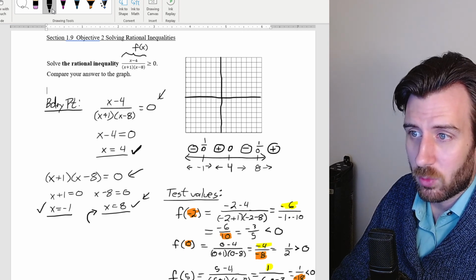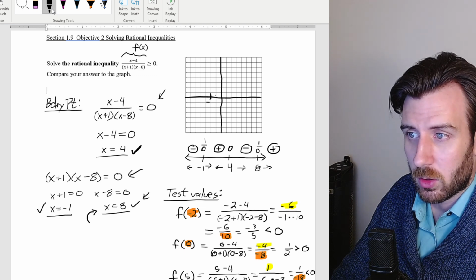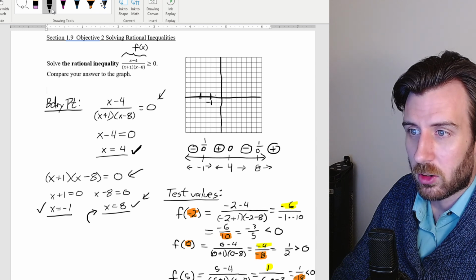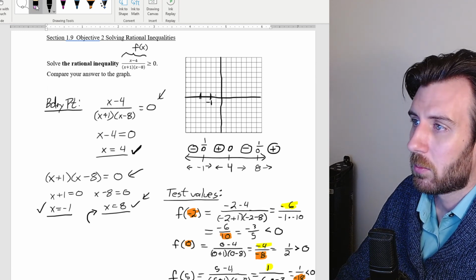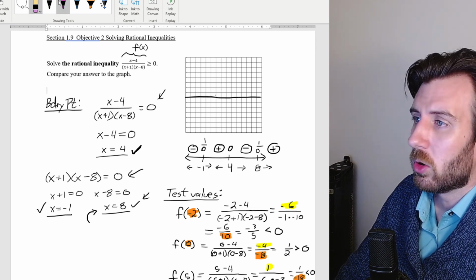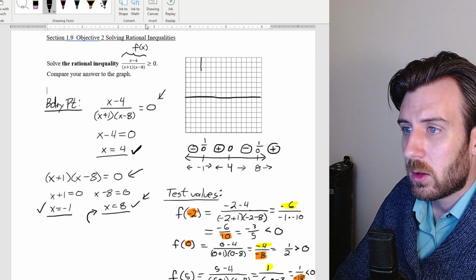I do know that at -1, maybe I'll scale this out a little bit. Let's make this -1. We'll make each of these blocks be a half block this time, just to stretch it out. Is that going to give me enough space? Maybe not. Maybe we'll put this right here.